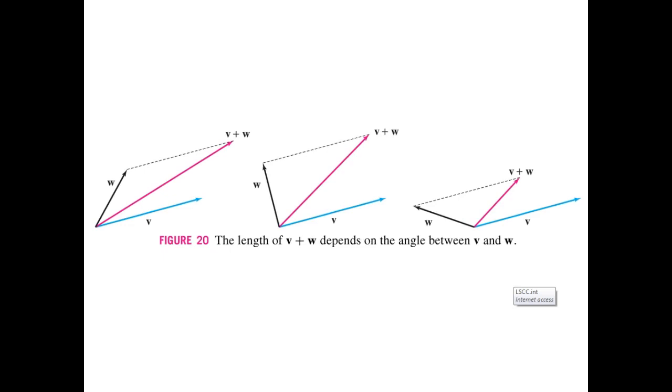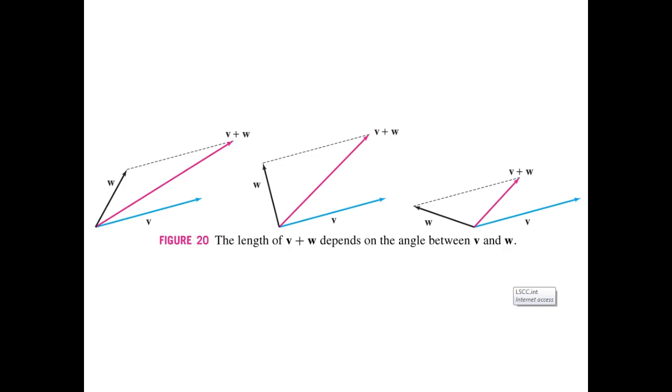Let's take v and w, such that they both have some positive quantity. They're not collinear, so v plus w is going to be some vector out in that direction.